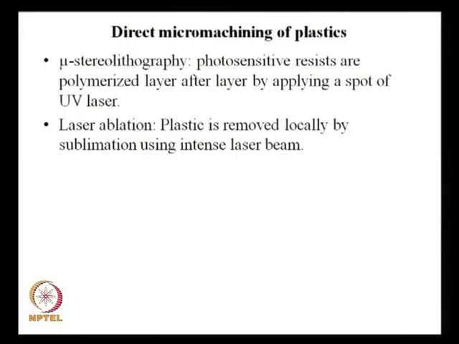The other technique is laser ablation. Instead of building the plastic layer by layer, you can destroy the plastic layer by layer in selected portions using the laser beam. So, plastic is removed locally by sublimation from an intense laser beam.